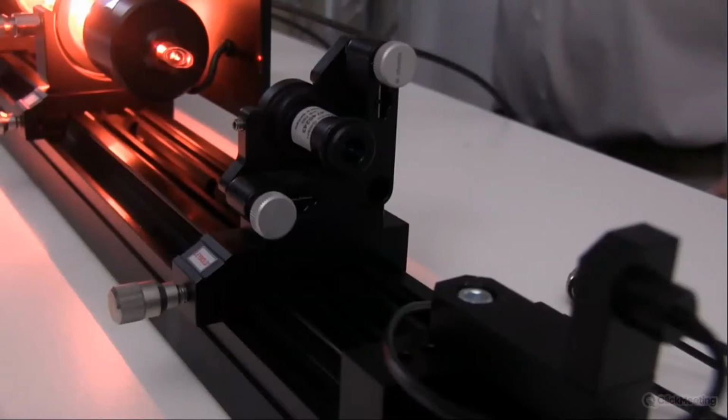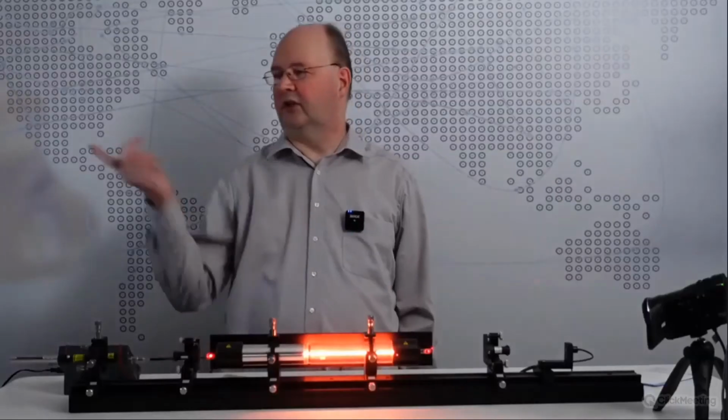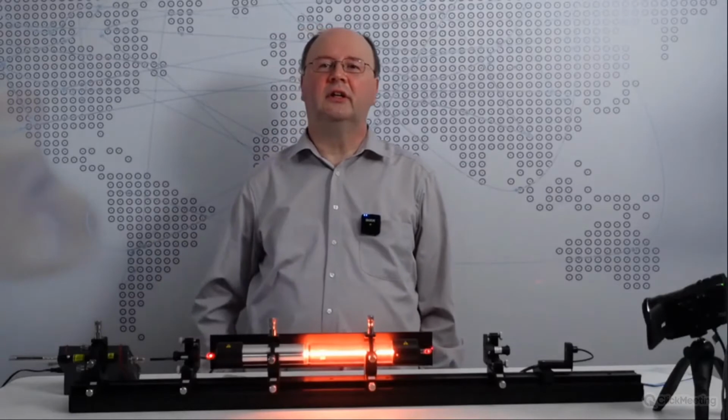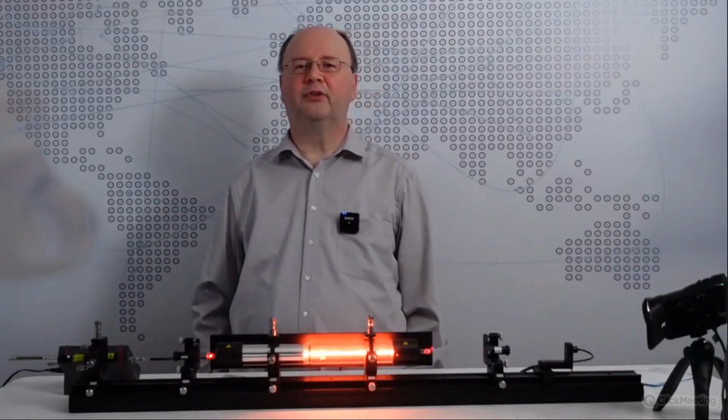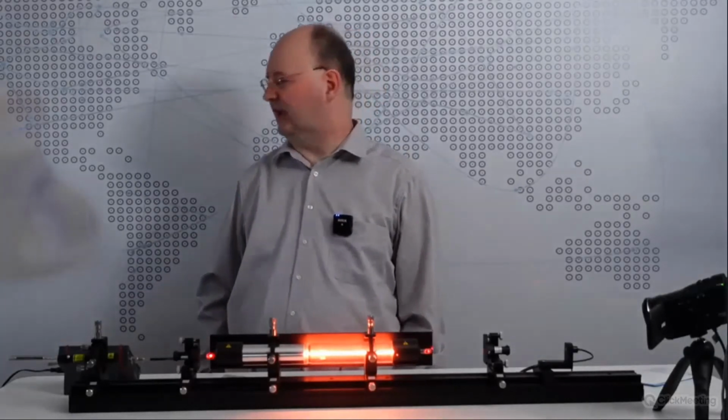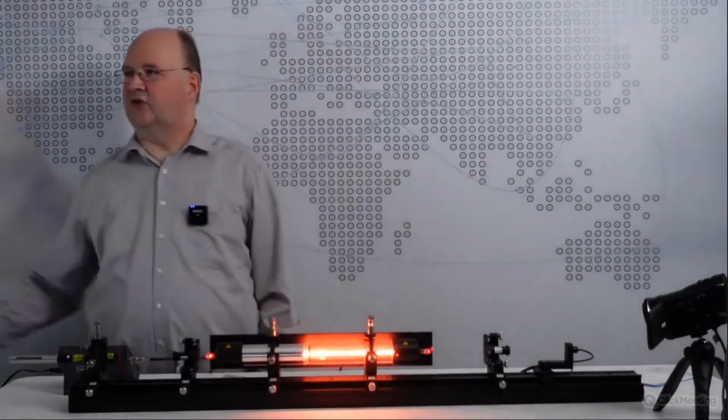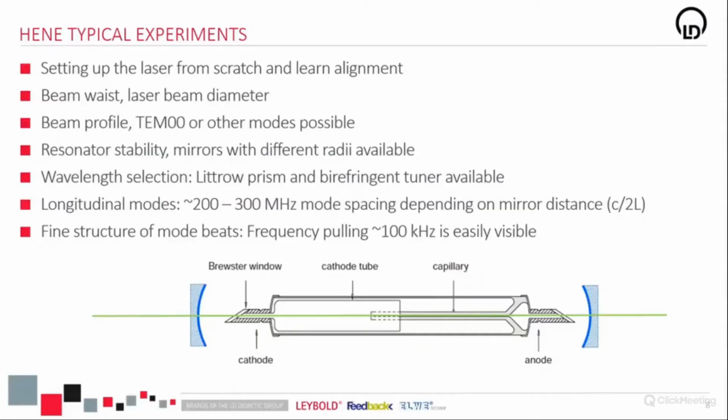And what we see on this electrical spectrum analyzer is an electrical beat frequency of approximately 200-300 megahertz. And it's simply because of c over 2L: we have 70 centimeters of resonator length, so 2L is about 1.5 meters, and the speed of light is 300 million meters per second. So divided, it's just about 200 megahertz.